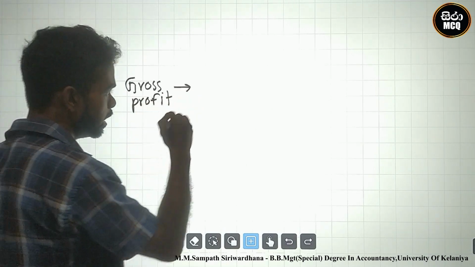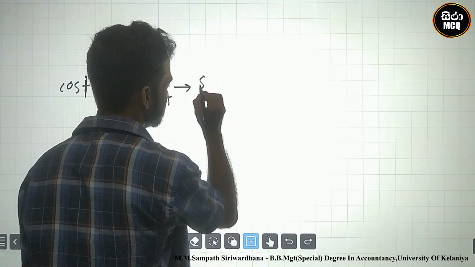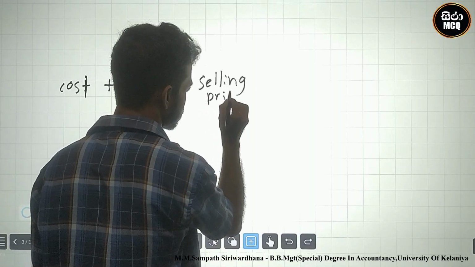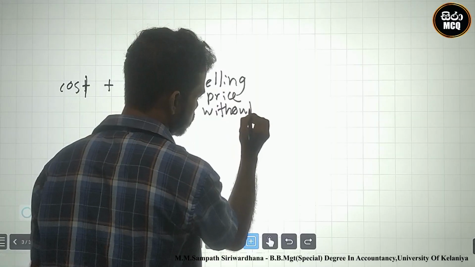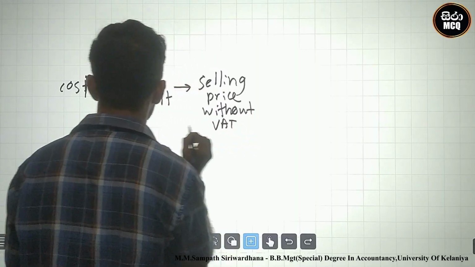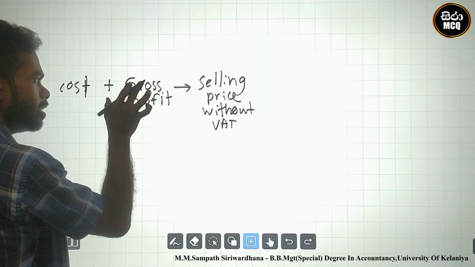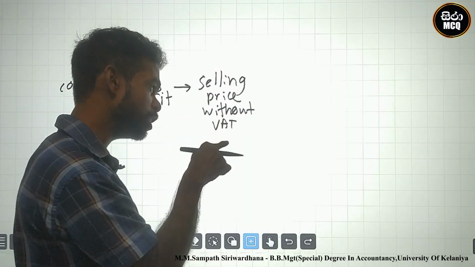The seller can create a selling price without VAT. This is the cost of the goods. The seller adds gross profit. After that, the seller creates a selling price without VAT.